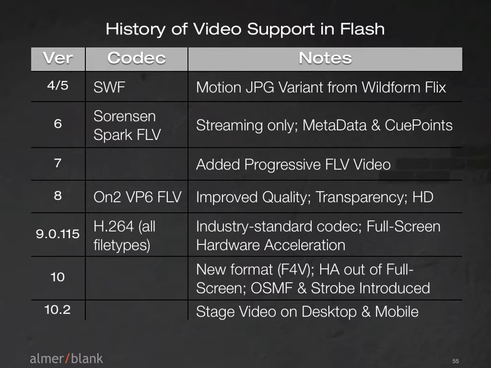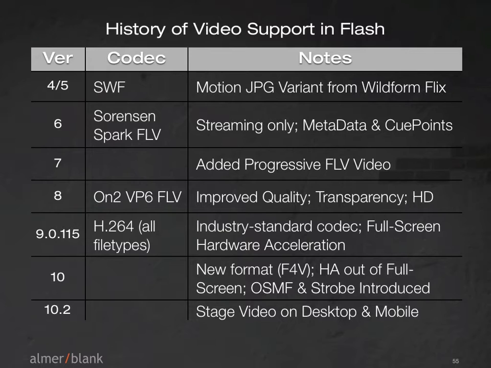In 9.0.115, which was the Moviestar release, that's when they added H.264. That's also when they added full screen hardware acceleration to improve the playback of H.264. Then concurrent with Flash Player 10, they introduced the new format, which is F4V. But again, you don't need to encode to F4V as long as it's H.264. You can play it.